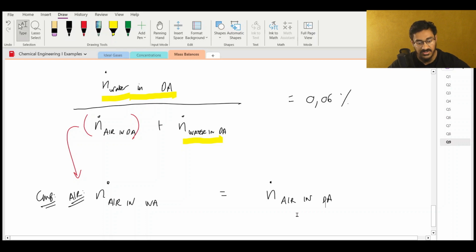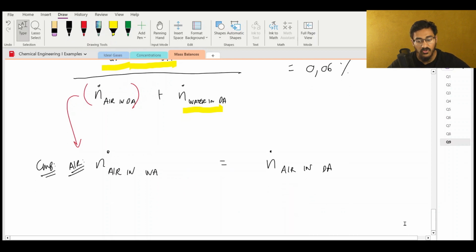And you agree with that, right? I don't see any flaw in that logic. Now, how many moles of air are in the wet air stream? Well, I know that 98.5% of all the moles in the wet air stream.